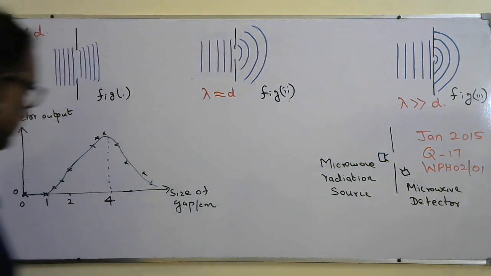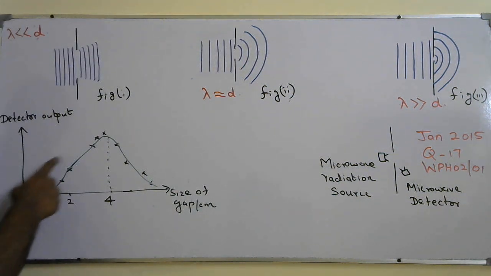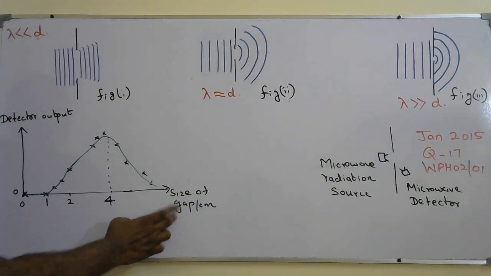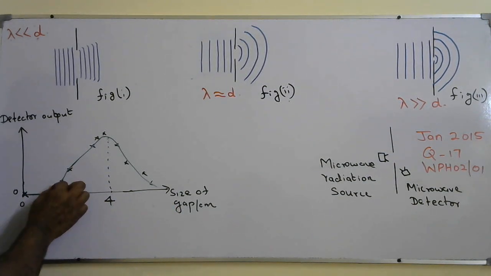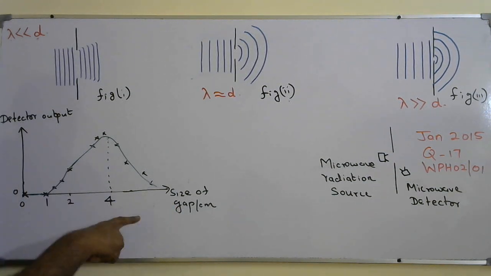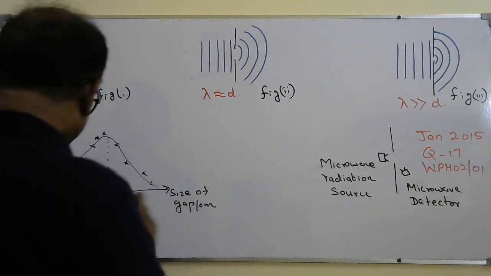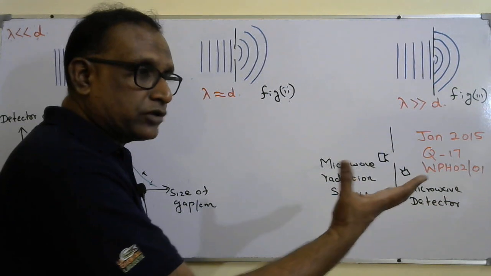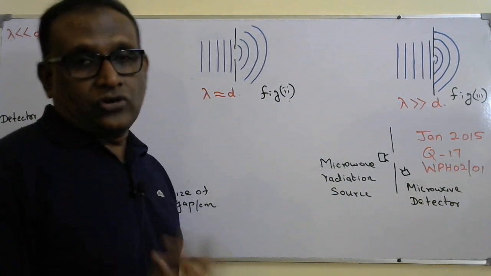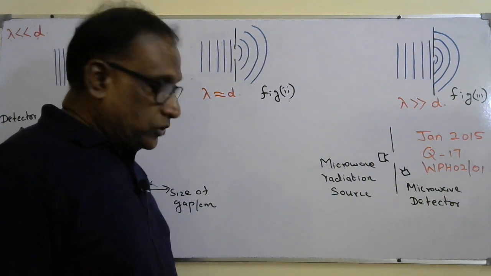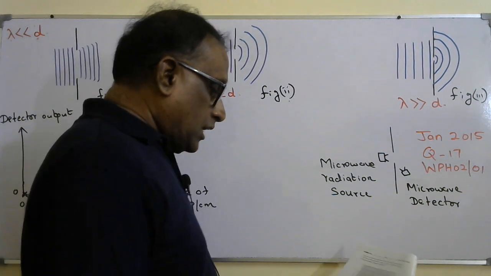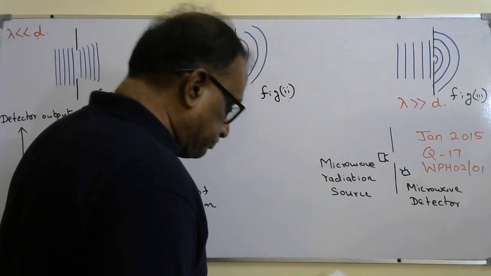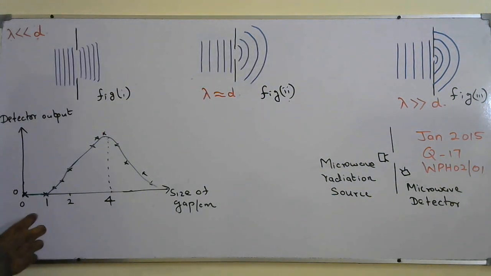Then you should explain about these regions. After giving these 2 points, when the gap size is 0, there is no gap, all the microwave reflects back, therefore nothing is detected. Then you can say about when the gap size is much smaller.